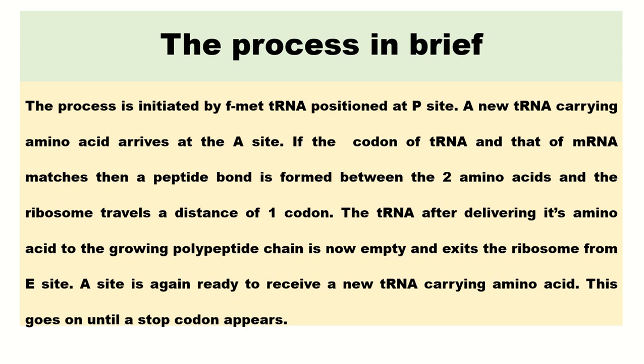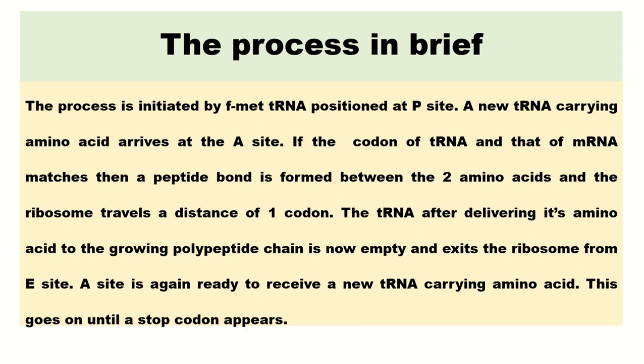It contains formyl methionine and it is positioned at the P site. A new tRNA carrying amino acid arrives at A site. If it is successful in finding its matching codon on the mRNA, then it will be positioned there, or else it will leave and a new tRNA will set in.